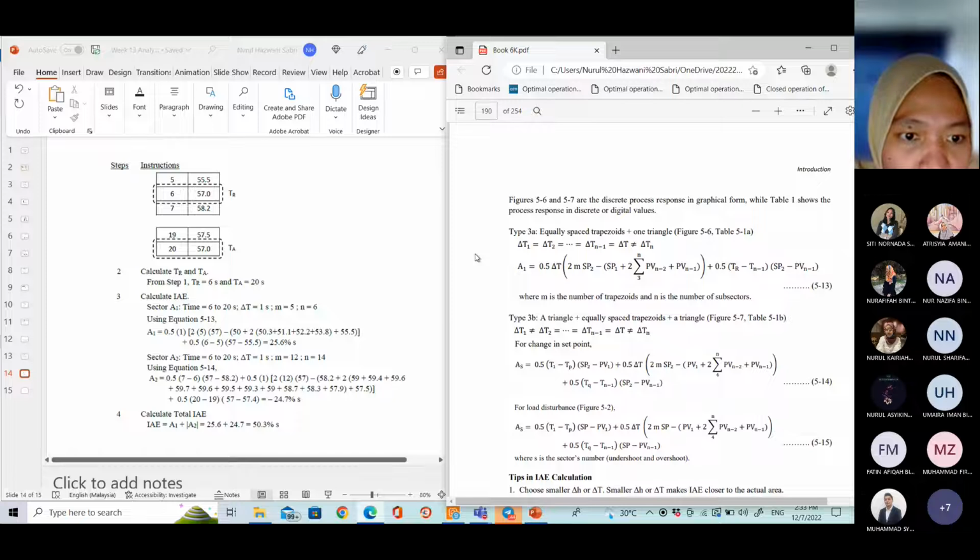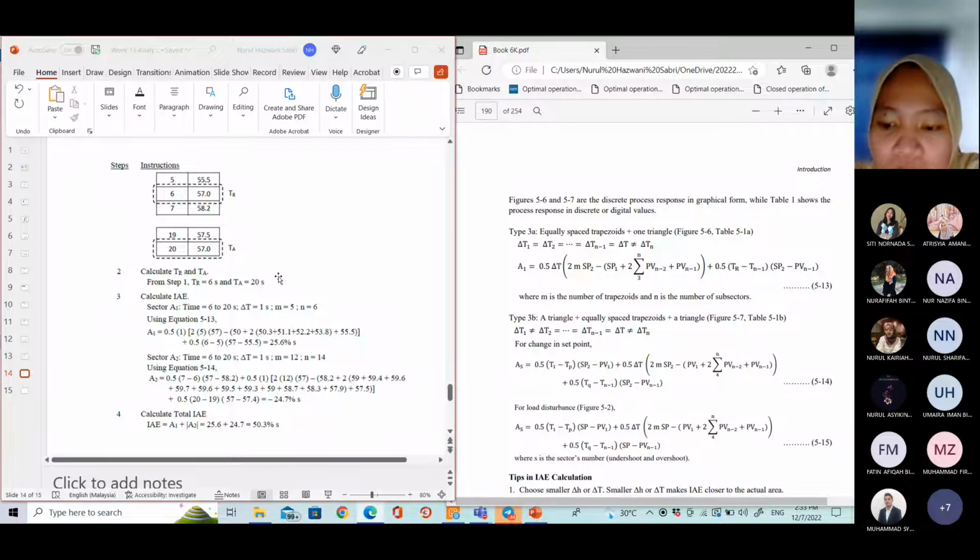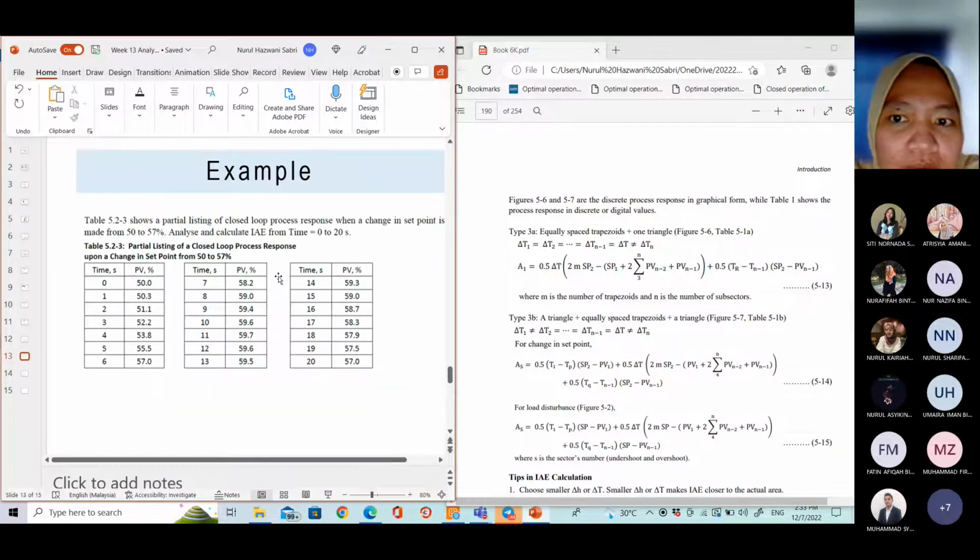Okay. Next, we have sector A2, which is from 60 to 20, as I said earlier. So, I want you to calculate the value of N and also M for 60 to 20.